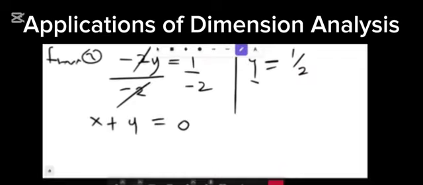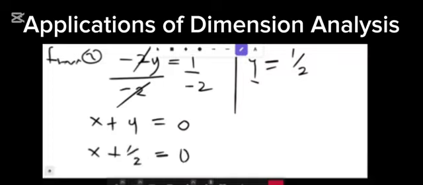Then from equation 1, 0 equals x plus y. I can write it like this, writing x plus y first. x plus y equals 0 is the same thing. Now, what is the value of y here? y is half. I can write it here: x plus half, x plus 1 divided by 2 equals 0.